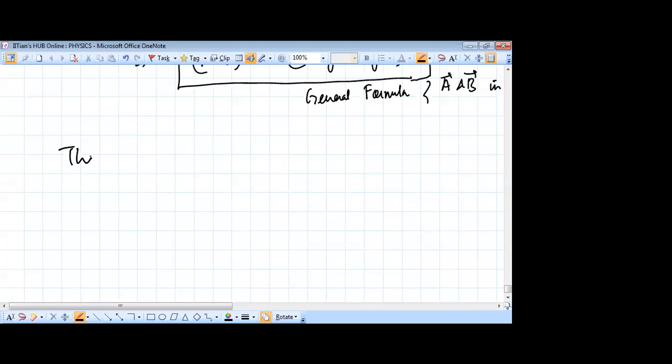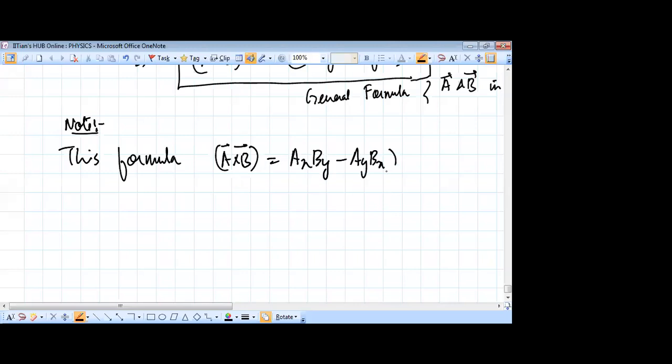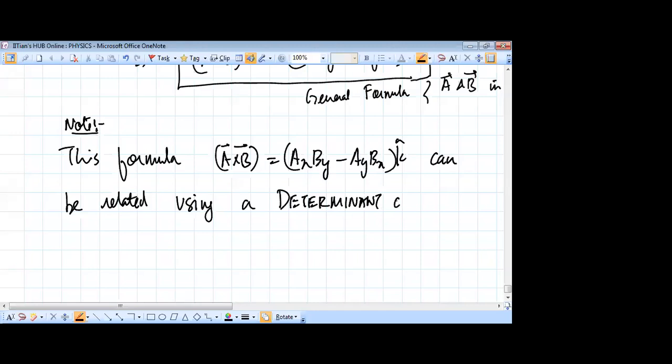So this formula, A cross B equal to AX BY minus AY BX K cap, can be related using something called a determinant of a matrix.